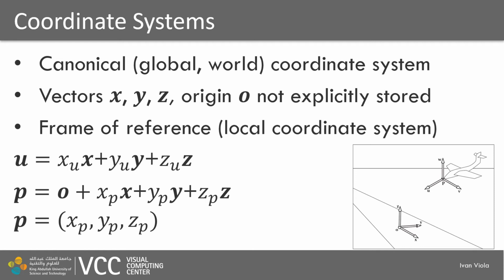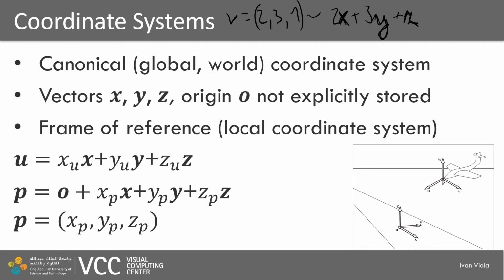And typically, if we write a vector v equals 2, 3, 1, what we mean by that is 2 times x coordinate plus 3 times y coordinate plus z coordinate of the z vector. But we often abbreviate it just to the multipliers because the vectors are somehow part of the coordinate system.